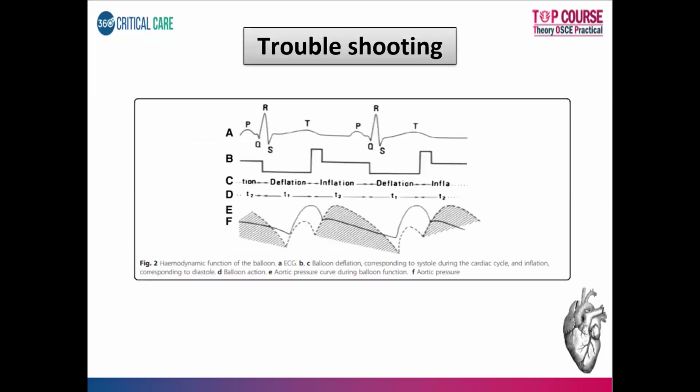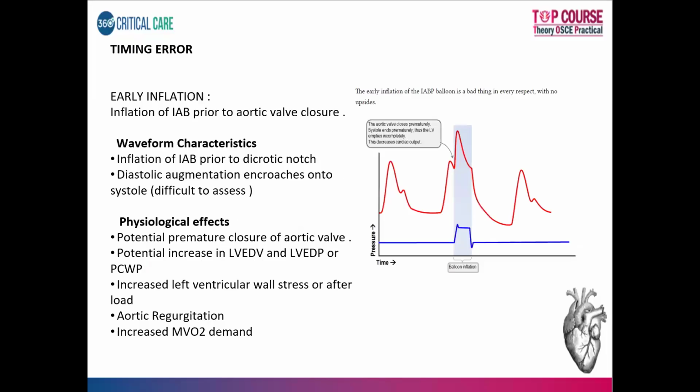So coming to troubleshooting, what can happen in a patient with IABP? There can be a lot of issues: early deflation, early inflation, late inflation or late deflation. In early inflation, the intra-aortic balloon inflates prior to the closure of the aortic valve.